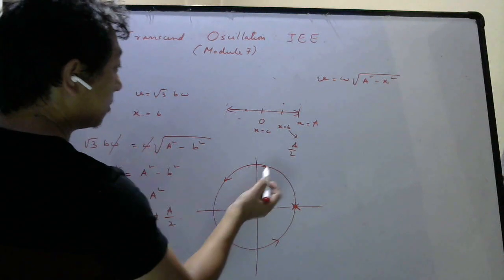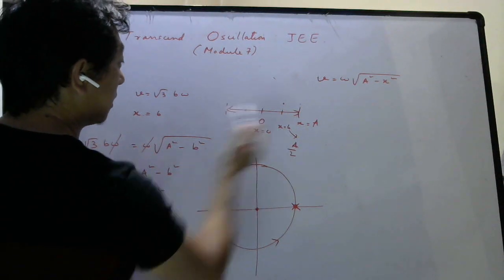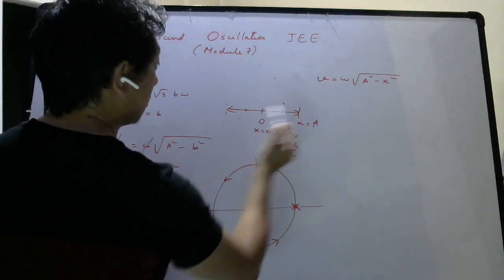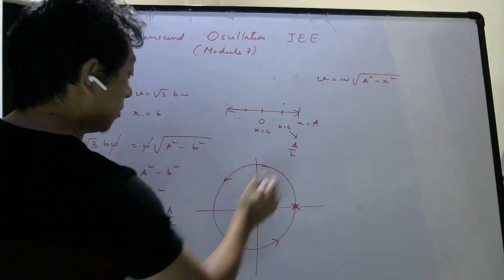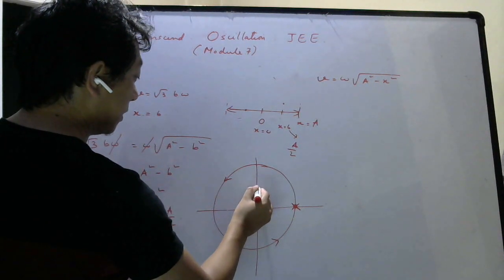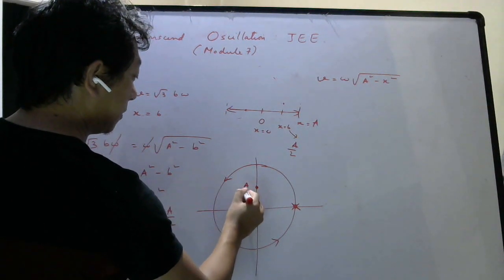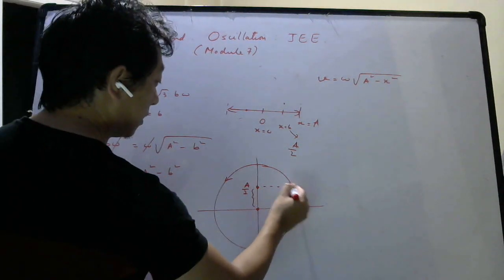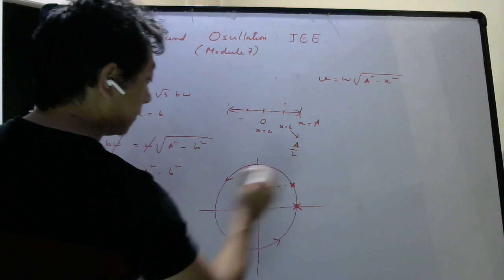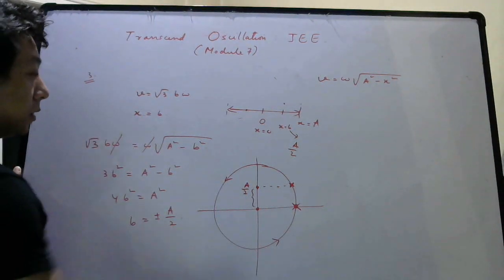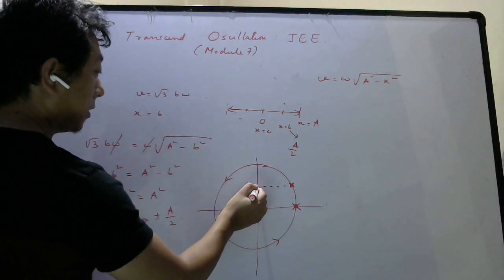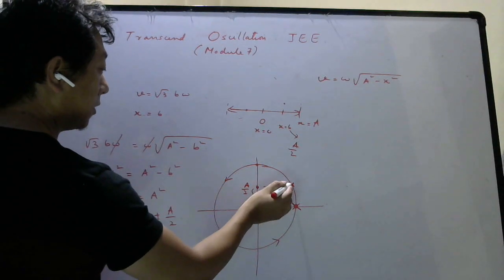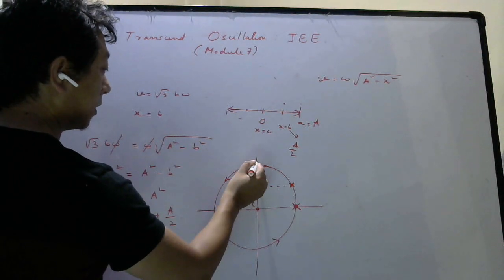we are not supposed to find the time taken from 0 to b, right? We are supposed to find from b to a, which is a by 2 to a. So a by 2 means the particle is here, a by 2. So the reference particle will be here. Now, for this particle to reach here, the reference particle has to go from here to here.